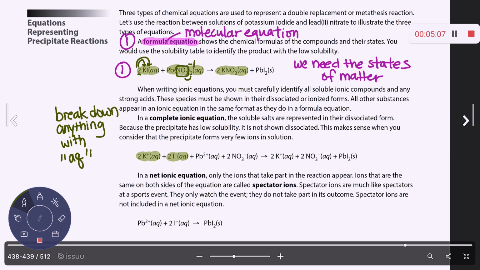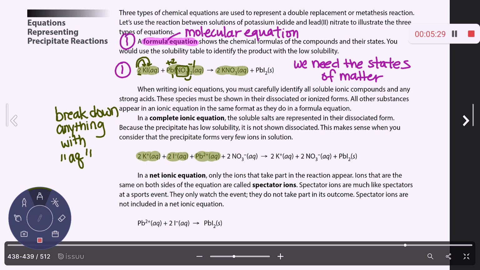A -1. And then I only have one lead here, so that means it would be a +2 charge. That's because I have a -2 on the nitrate, so I have to have a +2 on the lead. So when we go to write this in ion form, I have a lead +2 ion here.